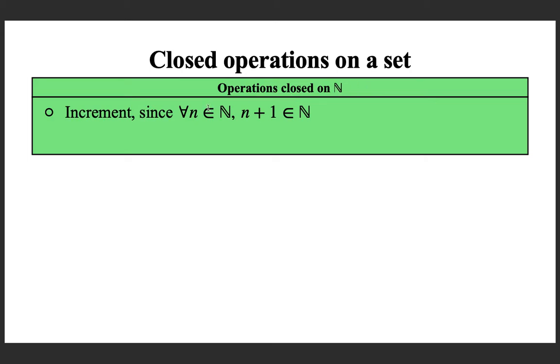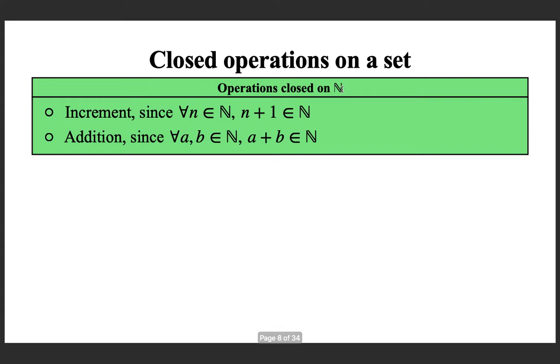Because for all natural numbers n, n plus 1 is also a natural number. So the result of performing the increment gives you a natural number, and that's why the increment operation is said to be closed on the set of natural numbers.